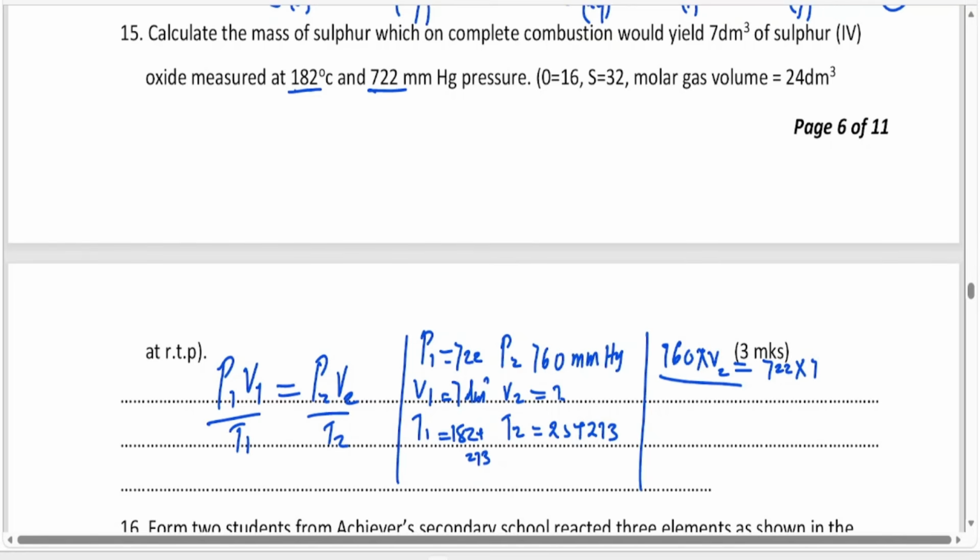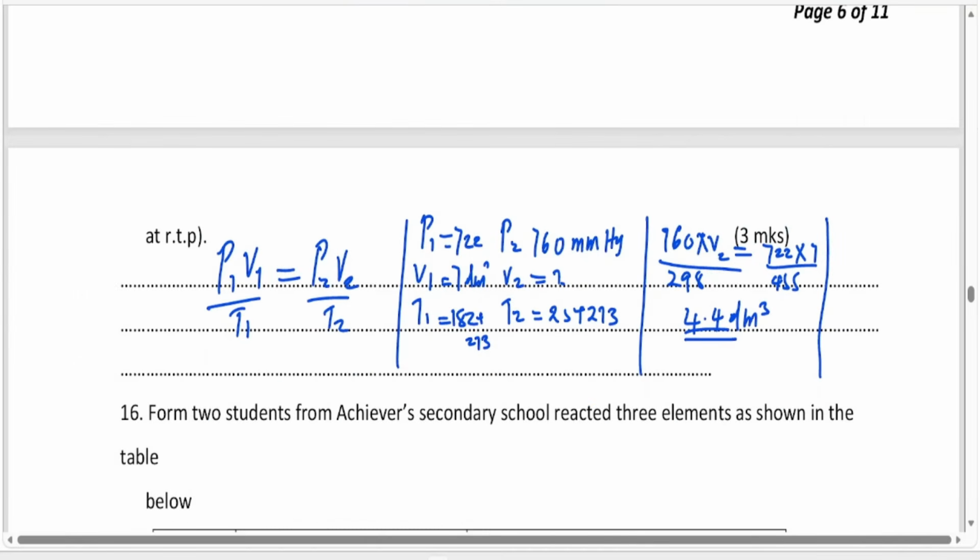Then we divide here by 298, that is the T2. And on this side we have 455, which we get from 182 plus 273. When I work this out, I will obtain 4.4 liters. But remember, our question says determine the mass.